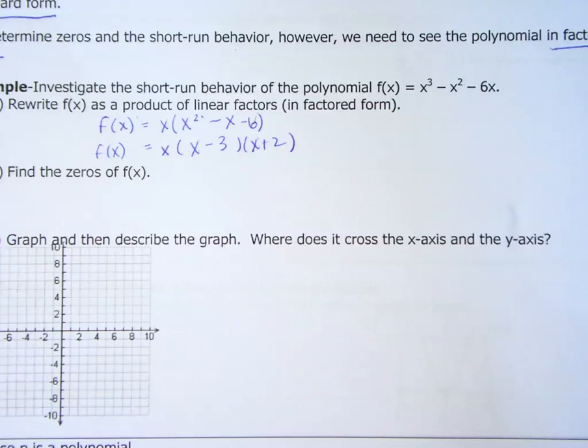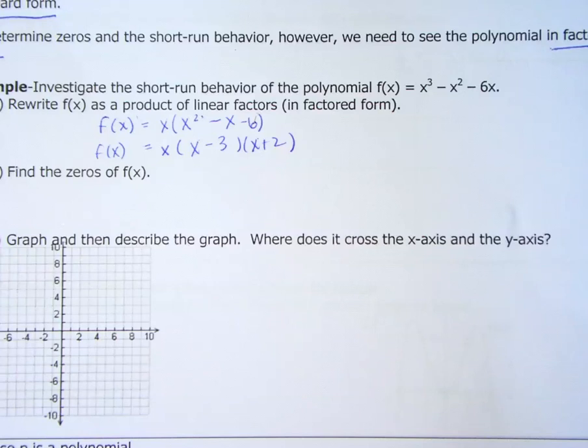So then once you graph that, again, you can see that this is crossing at the zeros that we found at -2, 0, and 3. What we're looking for on the graph is just the direction of the arms. Okay, so it's starting down here, coming up, going through that zero. Just getting an idea of how to sketch that.